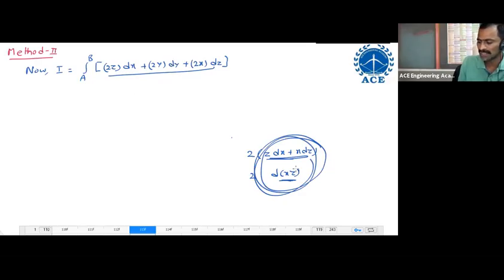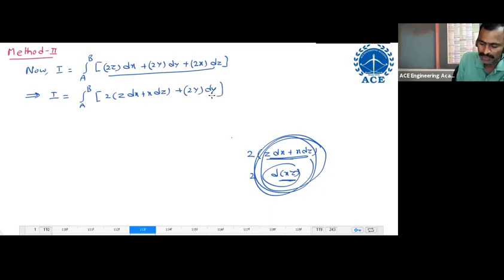If it is d of xz, directly we can integrate. This is the advantage. And this is possible when the function is irrotational, which implies integral a to b 2 into z dx plus x dz plus 2y dy, which implies I equals integral a to b 2 into d of xz plus 2y dy.